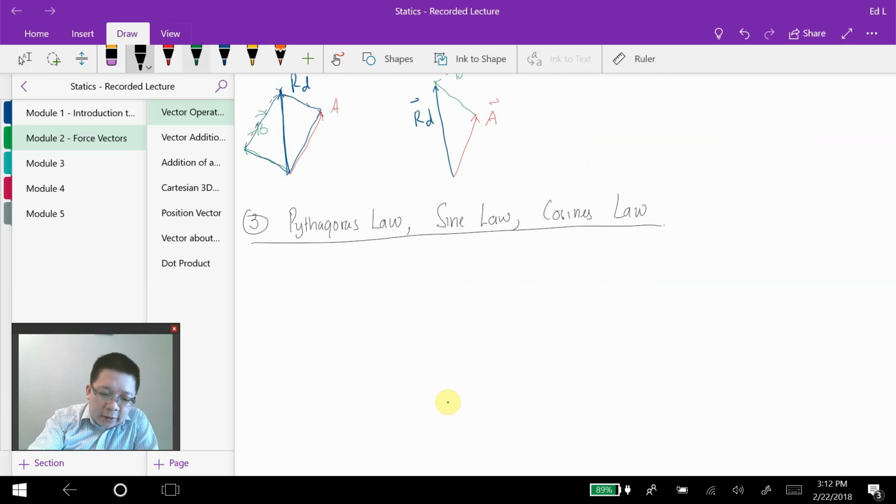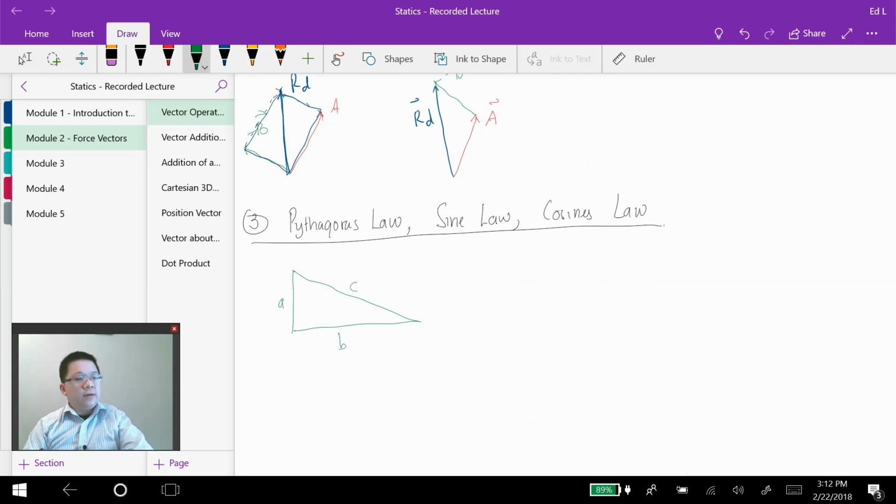So for the Pythagoras law, let's draw a right triangle. If this is C, this is A, this is B, this is a right triangle right there. The Pythagoras law tells us that C squared is equal to A squared plus B squared, or you can calculate A squared by taking C squared minus B squared.